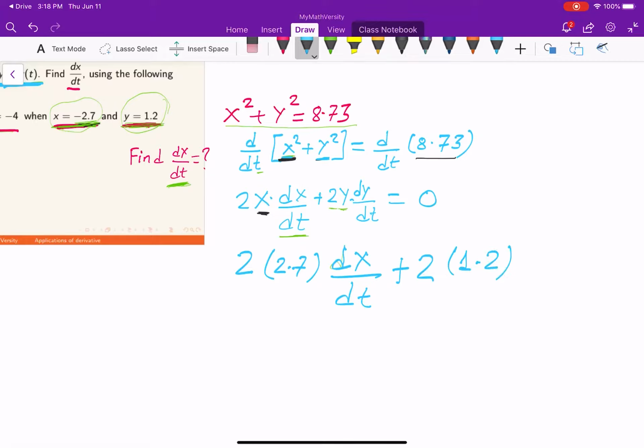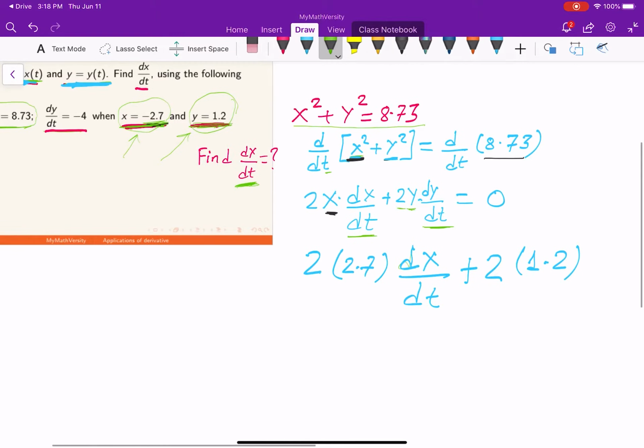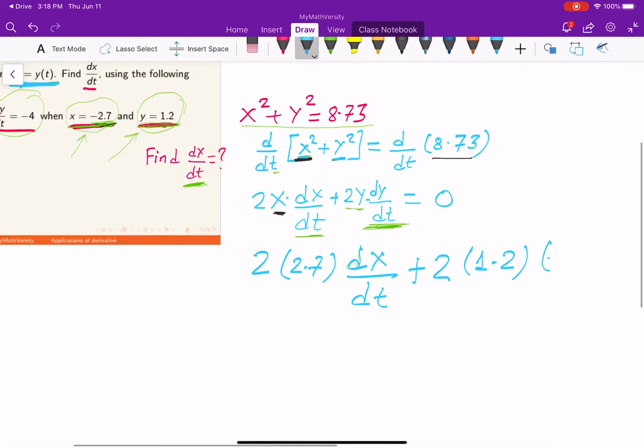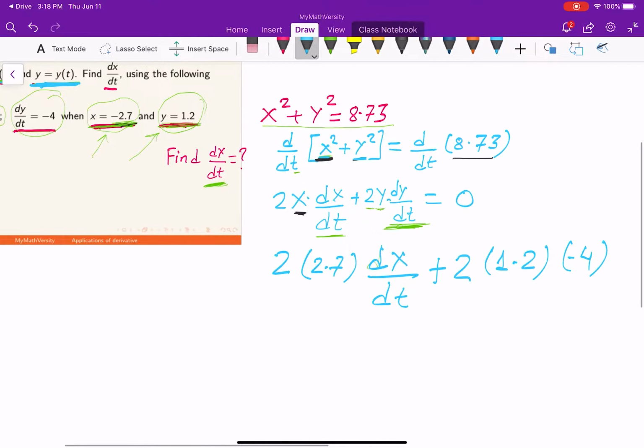And what else do we have? The derivative of y with respect to t. When x equals 2.7 and y equals 1.2, the derivative of y with respect to t is actually negative 4. So we can plug that information in here, negative 4.